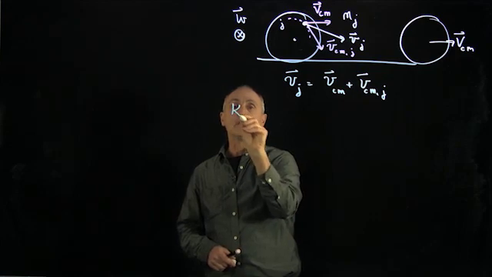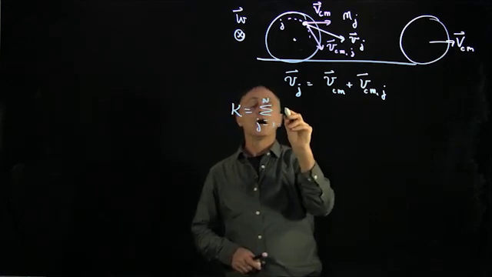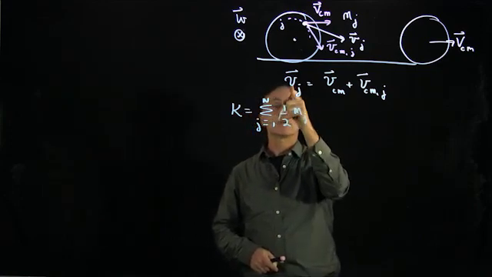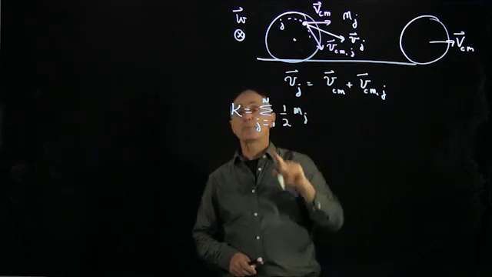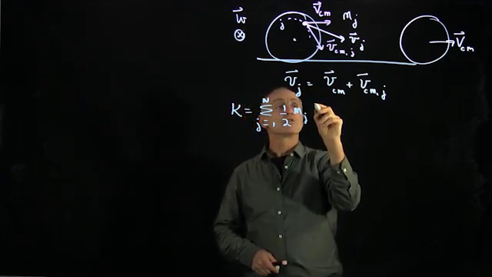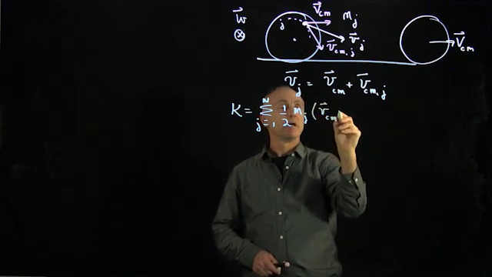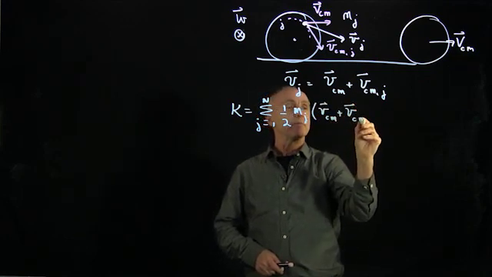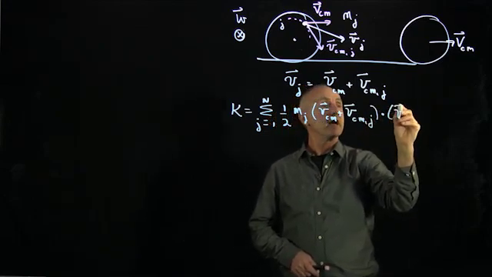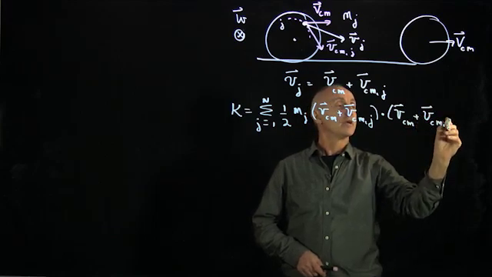Well, the kinetic energy is the sum j from 1 to n of 1/2 mj times the velocity of this jth particle squared, which we can take as a dot product. So we can write that as VCM plus VCMJ dotted with VCM plus VCMJ.